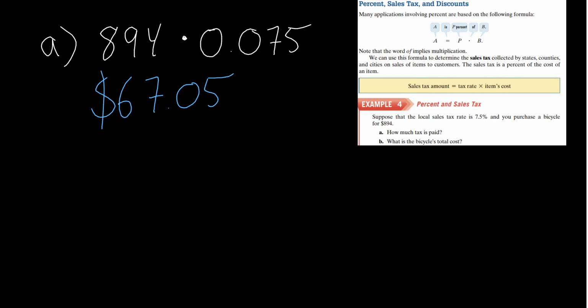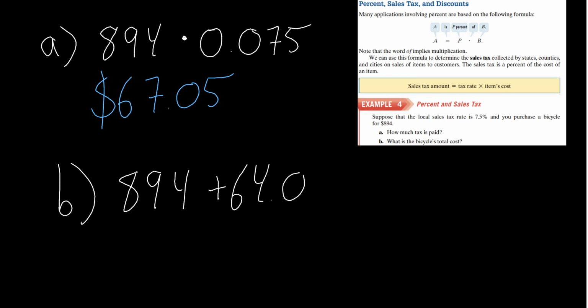And then B reads, well, what is the bicycle's total cost? So the total cost is obviously going to be, the bicycle costs $894. We're also paying $67.05 in tax, and that would be plus 894, $961.05.